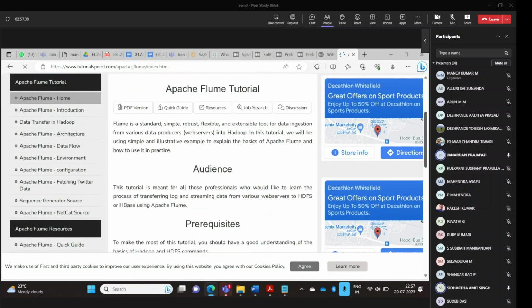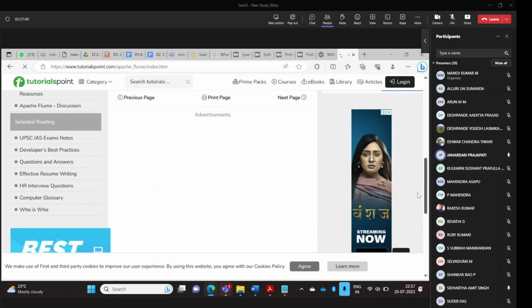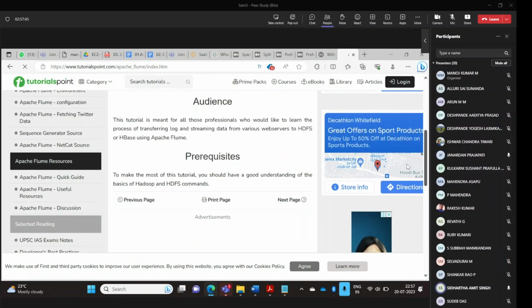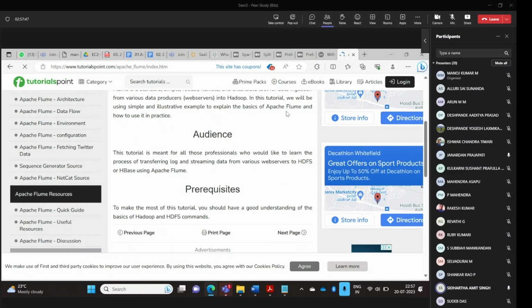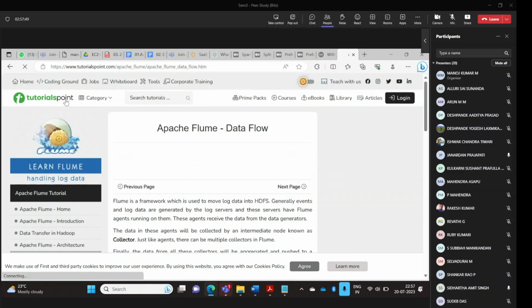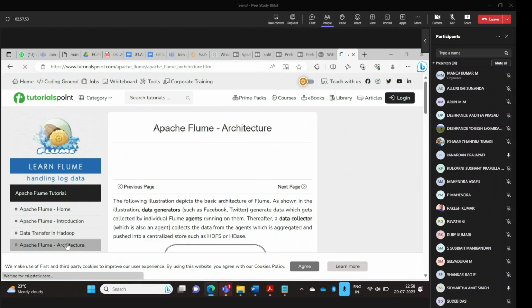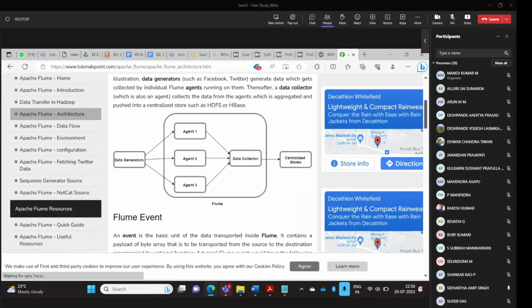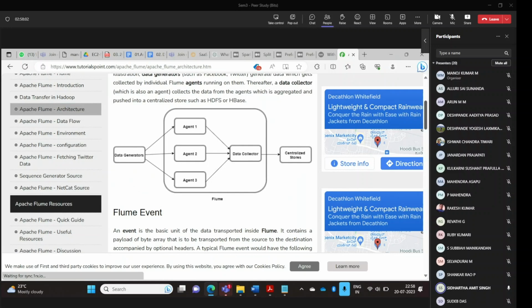Yes. It delivers to the target, takes from web servers, and its target is HDFS. Yes. I think you're on the index page. Okay, I'll give you the link. Yeah, that's the one, I guess. Just ping you the link.